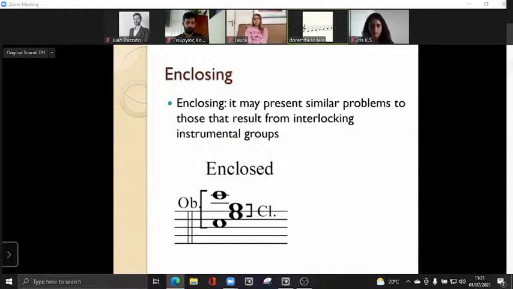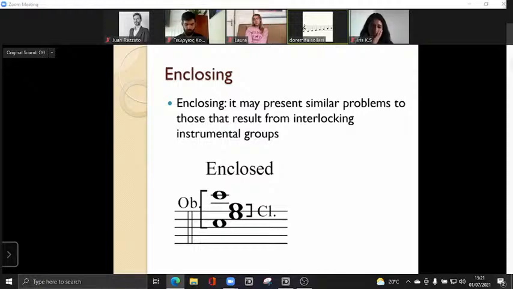Now the next one is enclosing. Here the problem is again related to the balance. This example that we have here is a good example of how to enclose.